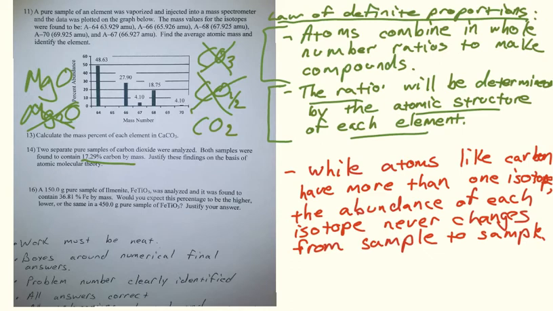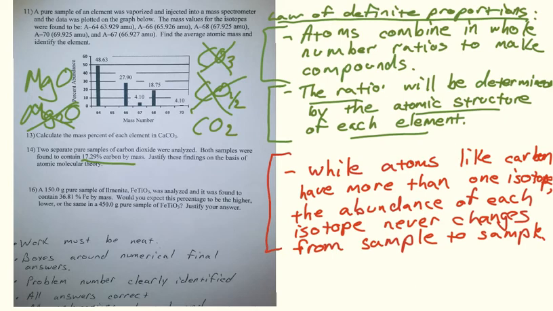So the second thing that really matters here is not part of the law of definite proportions, but it has to do with isotopes. While atoms like carbon have more than one isotope, and therefore you might expect that a CO2 molecule in Russia might have a different ratio of carbon-13 to carbon-14 than it does in the US, it turns out that that's not true.